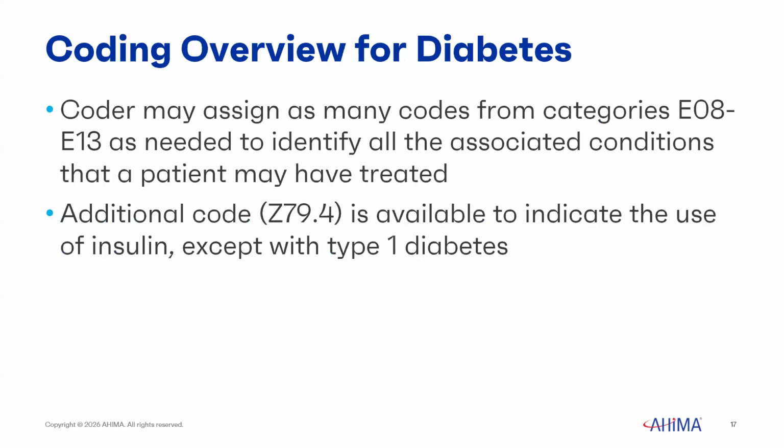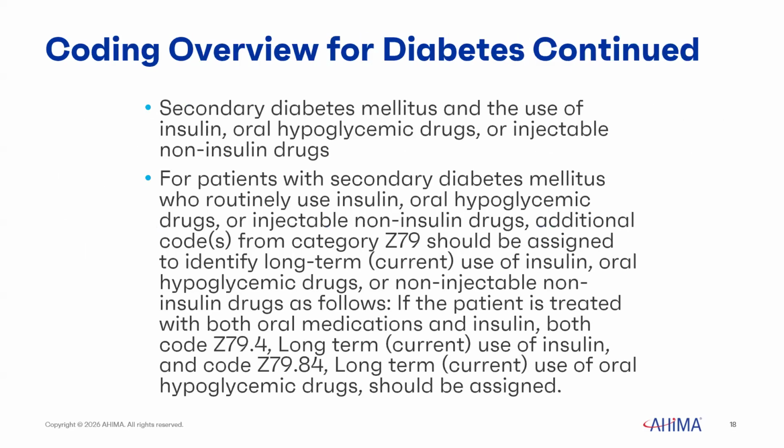And I think we left off right about here. Anytime we have secondary diabetes and there's insulin, oral hypoglycemic drugs, or injectable non-insulin drugs, we want to make sure we capture that.